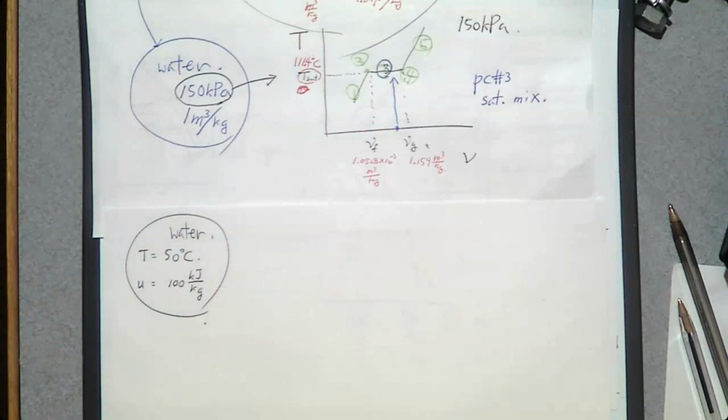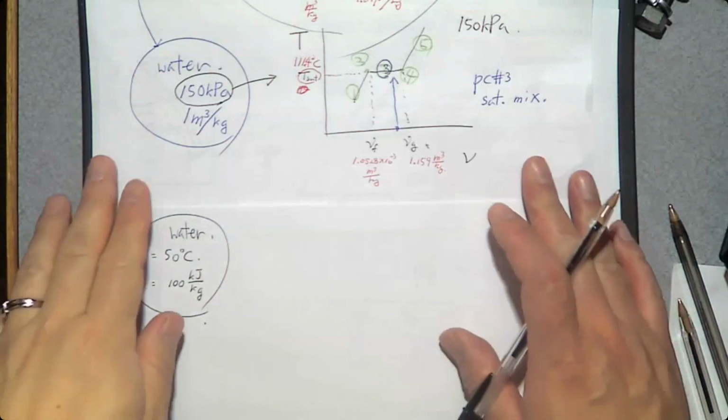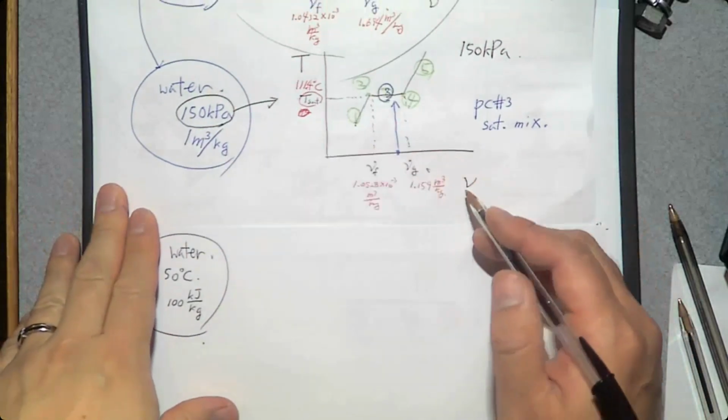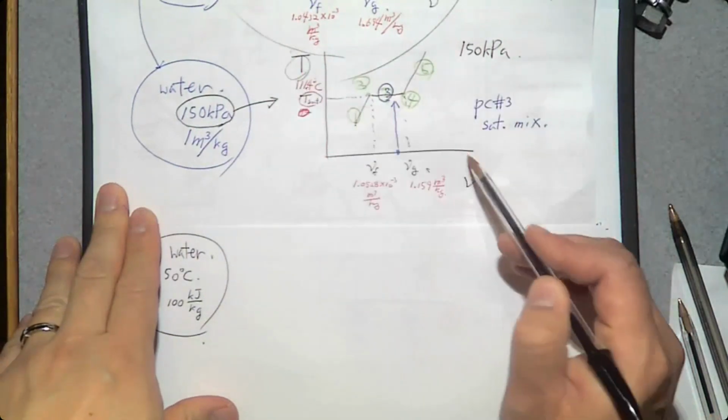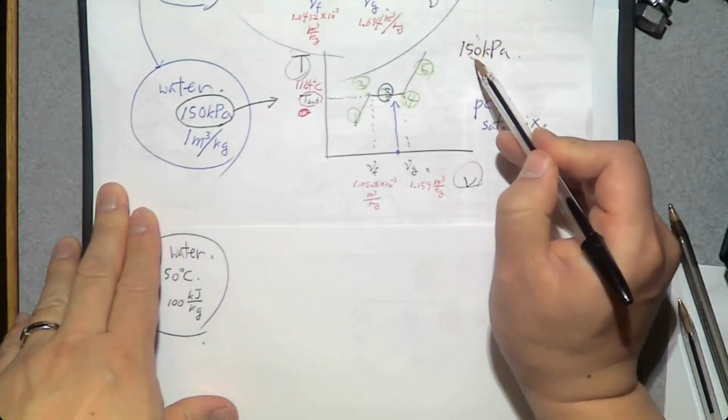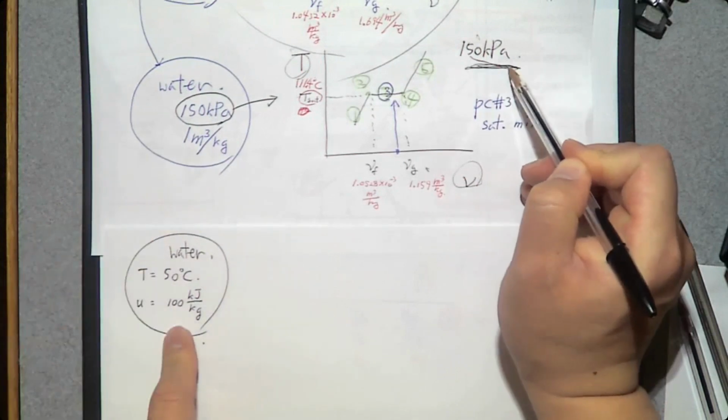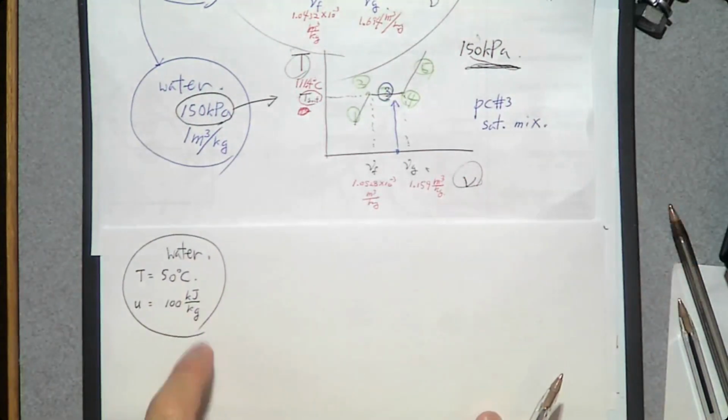What is the phase change process? To evaluate the phase change process of this water at this condition, you need to make a property diagram, but not TV diagram anymore, because if you want to make TV diagram, what you need to know? Pressure. But this time we don't know pressure, we only know temperature.